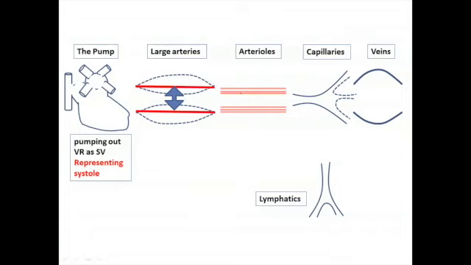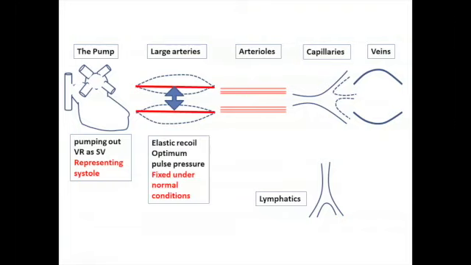The beta and alpha receptors in these muscle fibers will make the arterioles contract or relax to maintain the systemic vascular resistance within normal, and to avoid any significant fluctuation in the diastolic blood pressure or mean blood pressure. So back to the larger arteries containing elastic fibers, making the elastic recoil very easy and creating the diastolic pressure.